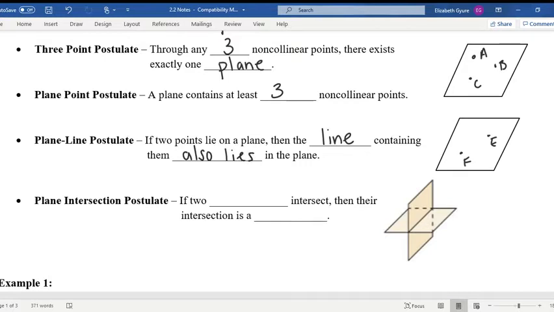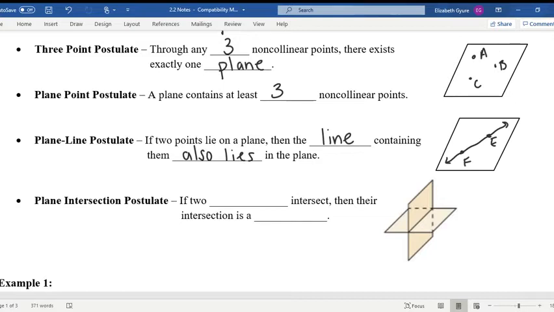So remember from up above, if you have 2 points, there is a line that goes through them. So in this situation, you have a plane. This plane has 2 points on it. 2 points are always going to have a line that could go through them. And so what this is saying is if the 2 points are on the plane, then the line is also on the plane.